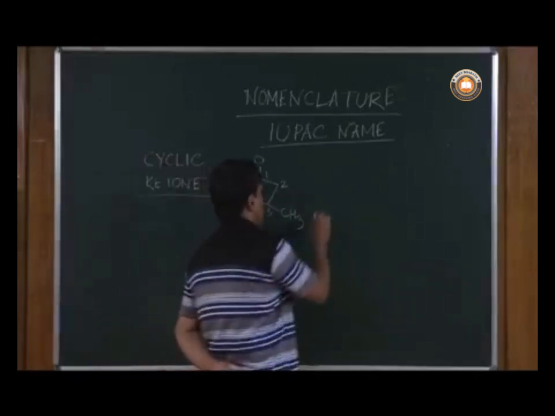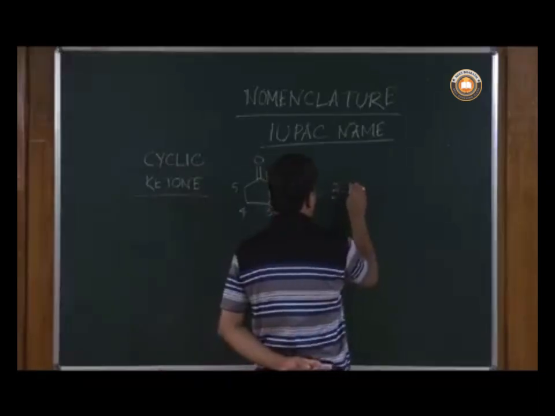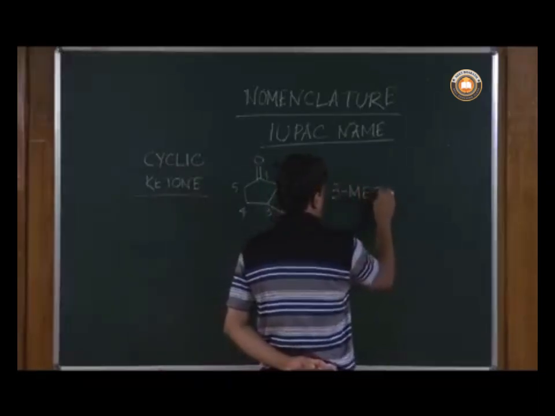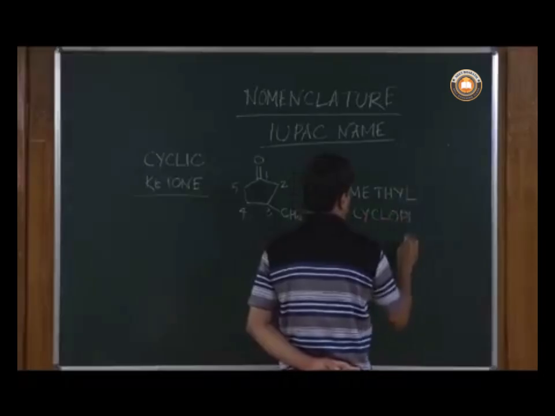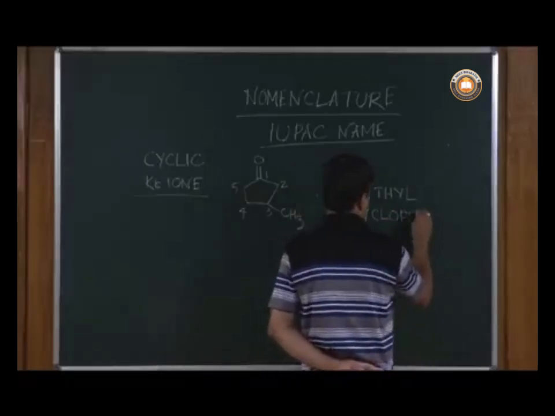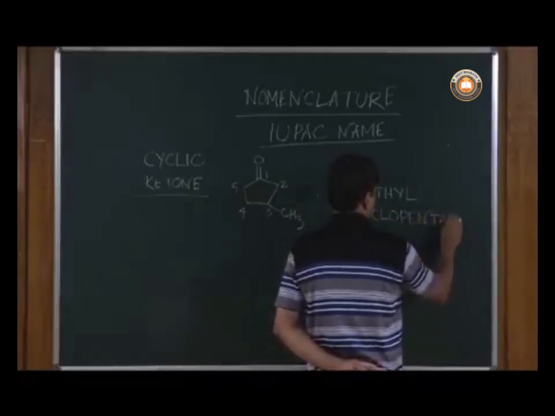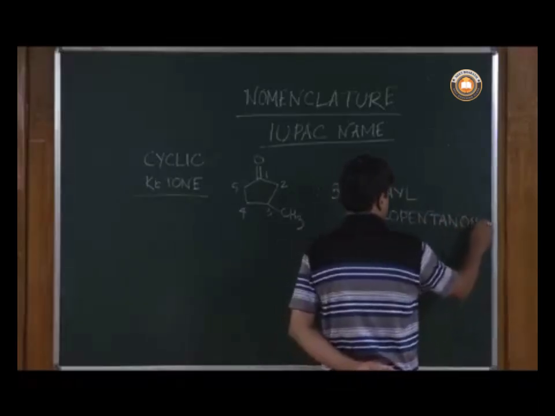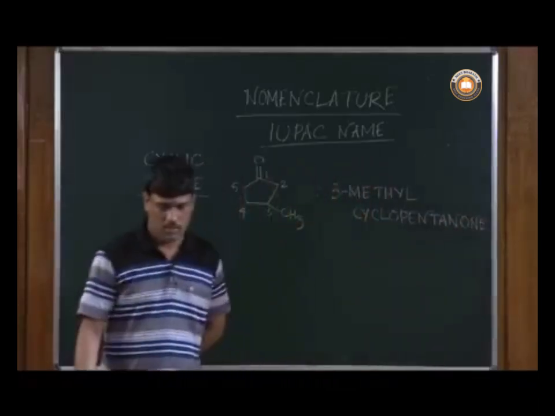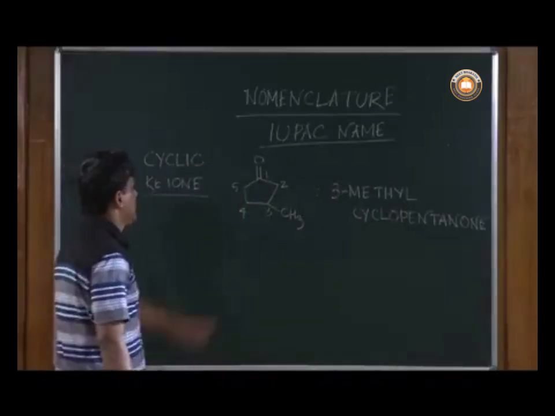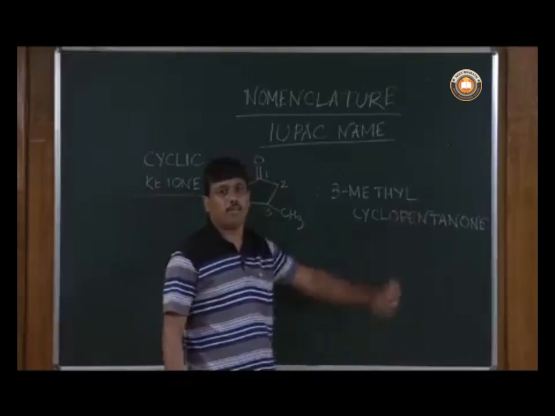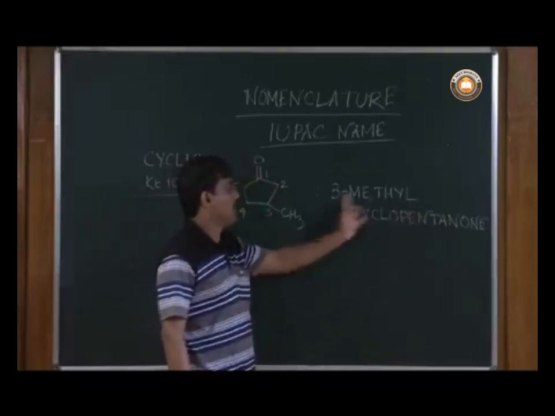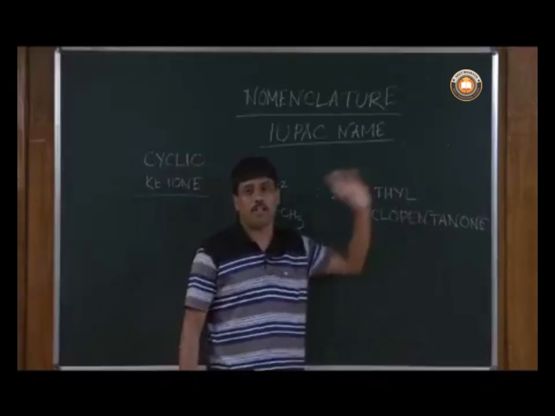So, what will be its IUPAC name? Here, interestingly, since the carbonyl is getting 1, you may omit the position of the carbonyl group. So, this compound can be called directly as 3-methyl cyclopentanone.